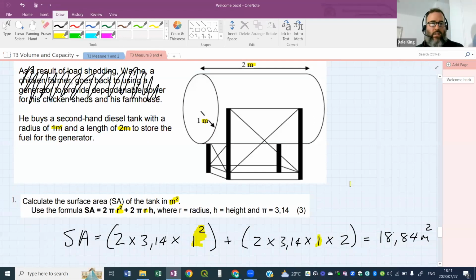It's not squared or cubed or anything, just r, which is 1. So I just put a 1 in there. That's why I've got 1 squared in the first bracket and just a 1 in the second bracket. The 2 is the height. Does that help you out? Yes, sir. Thank you. All right, pleasure.